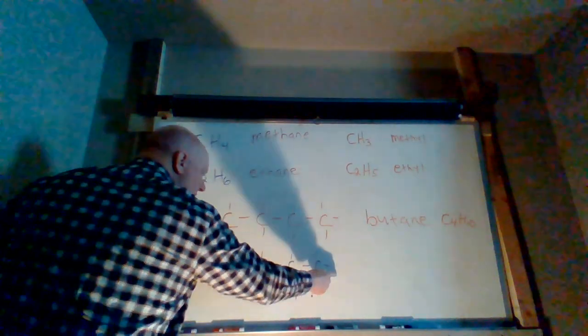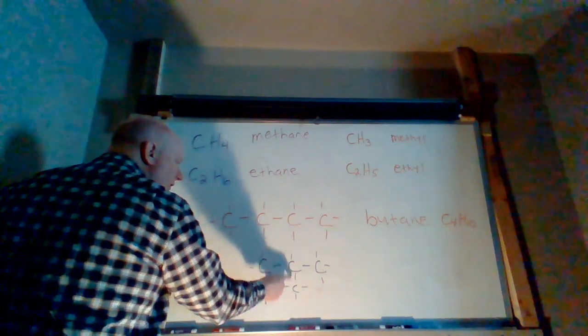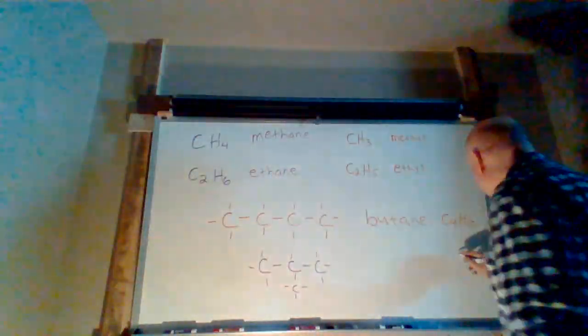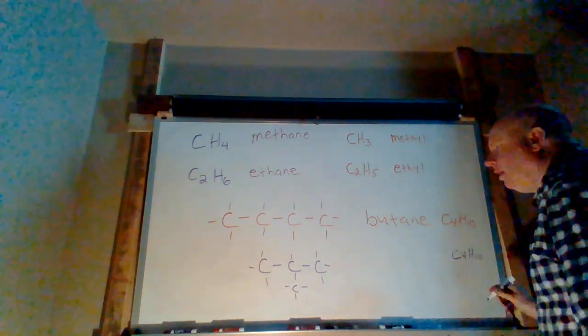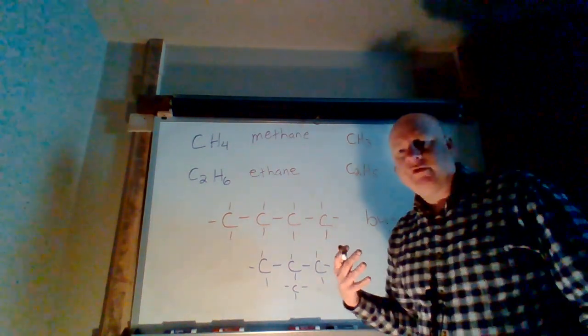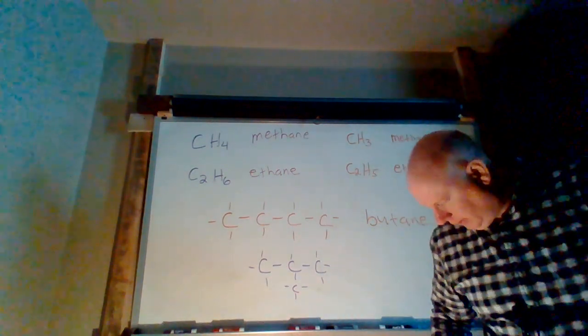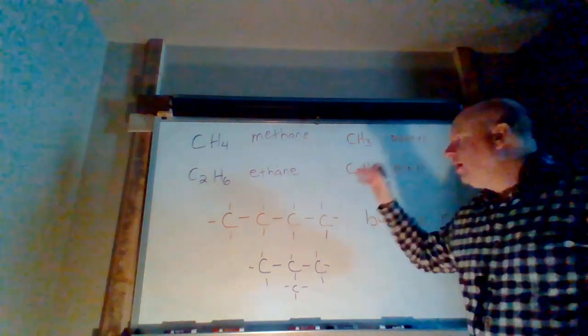We got 3, 6, 9 for your number of hydrogens. There's your 10th one. So we know that this is an isomer, C4H10. And in this case, this is the first isomer that we could actually discuss that has an alkane counterpart.